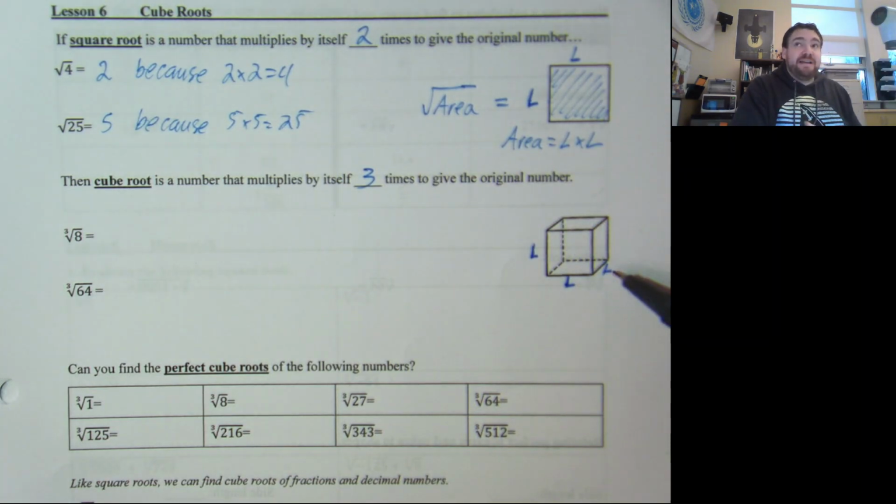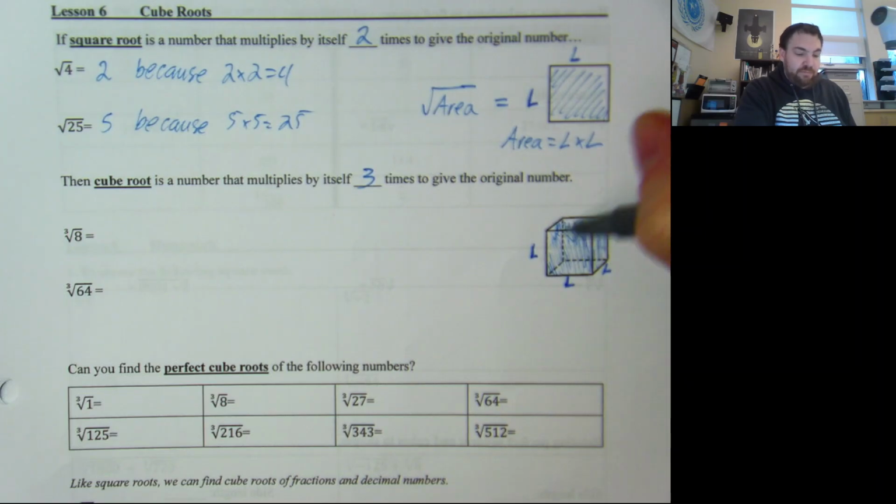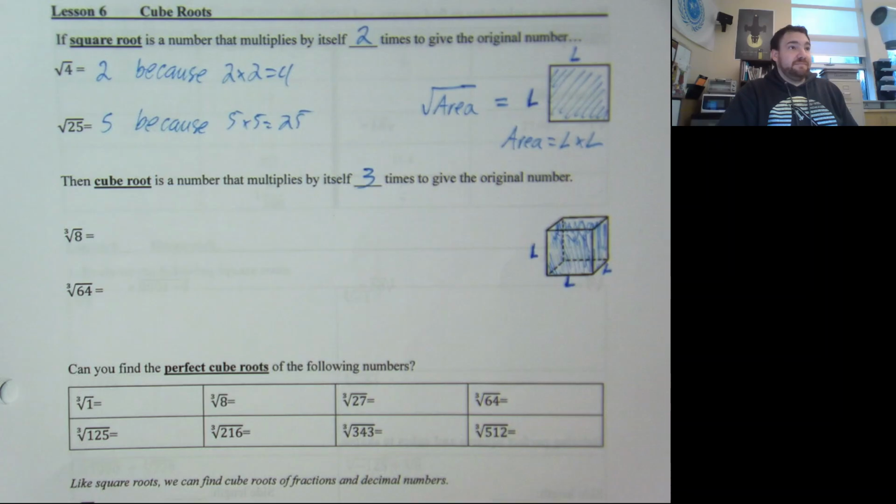If I multiply it by a third length, what's that going to give us? What do we get when we multiply a length by a width by a height for a 3D object like this? Does anyone remember?